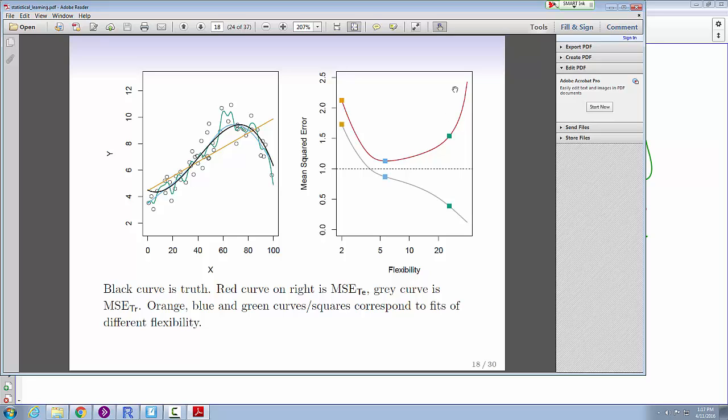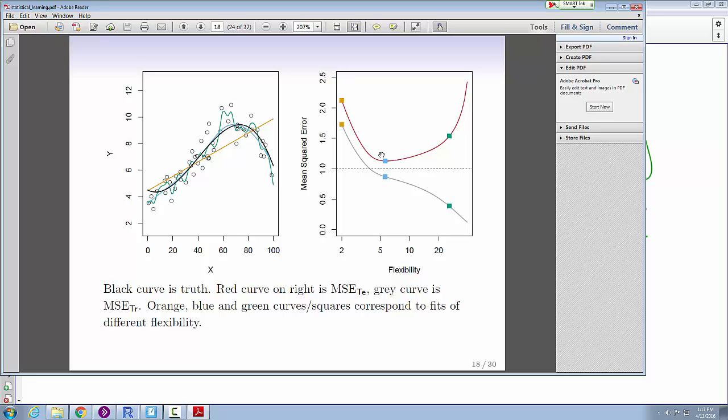The red one is the test error. Let's take a new held out sample of data from the same population, run it through our model, make predictions, and look at mean squared error. And this is where the insight is. Going from simple to not quite so simple gained us quite a bit.